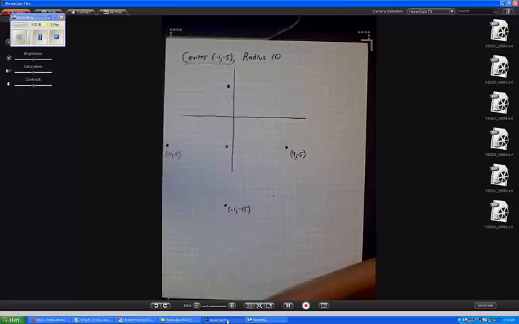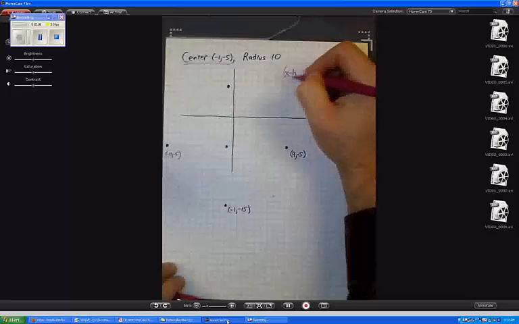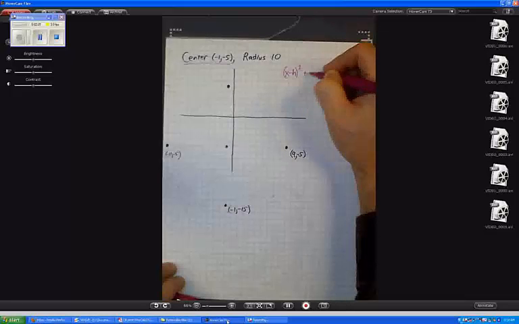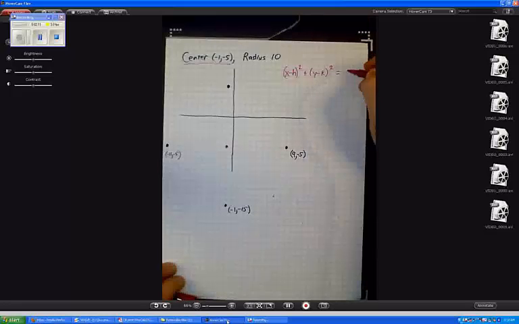So remember, I said that the general form is x minus h squared plus y minus k squared equals what? R squared. So it's going to be 10 squared, right? R squared is the general form.